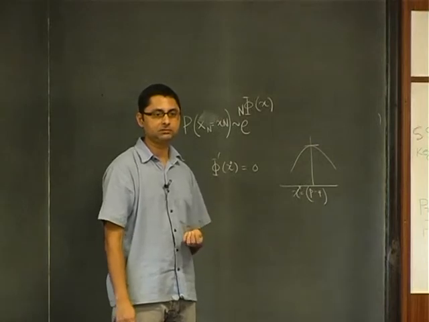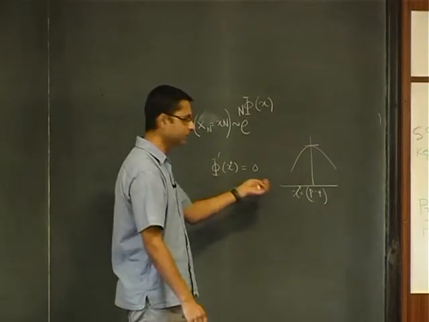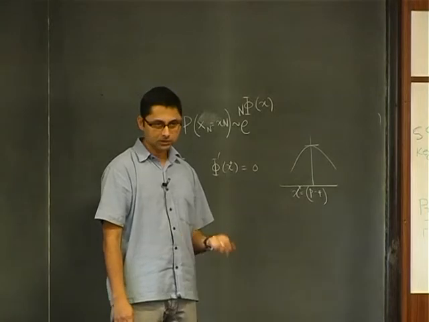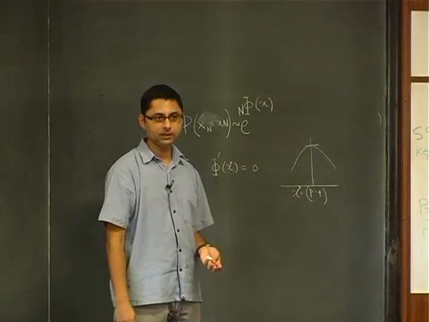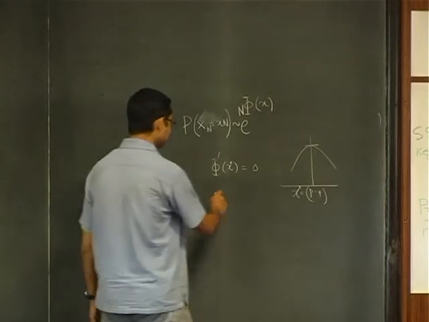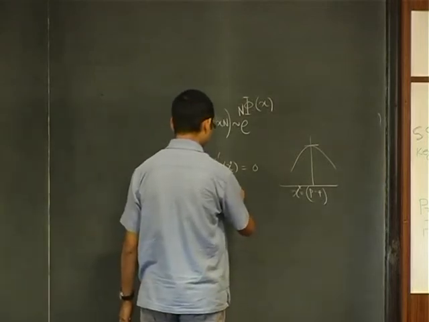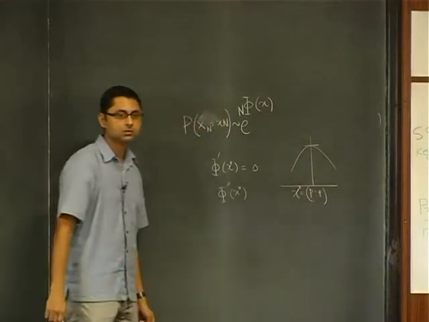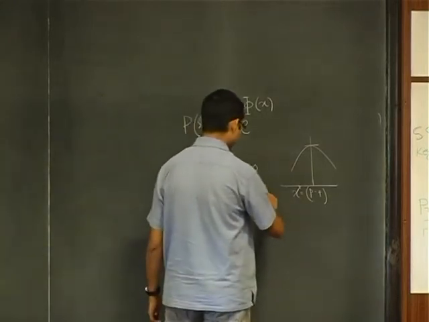How do you know it is a maximum? You find the derivative is equal to 0, but how do you know that it's a maximum? So you calculate the second derivative, and the second derivative should be negative.